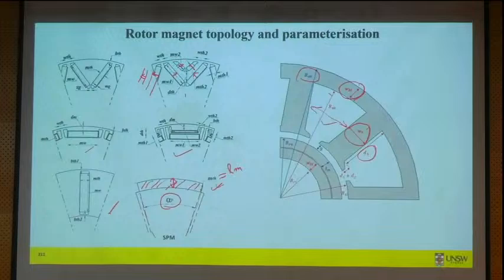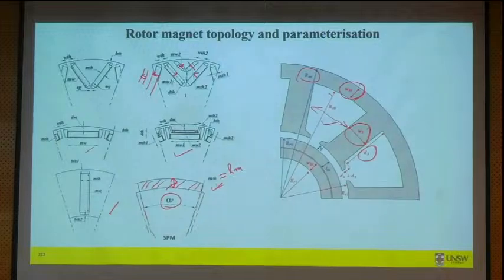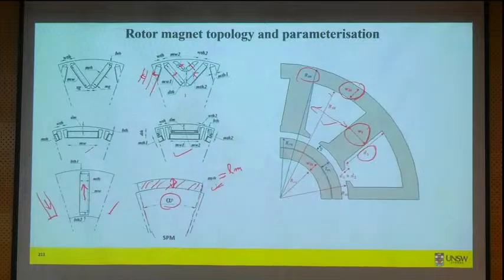So yeah, the magnetization direction also you have to define in your parameterization process. So spoke type magnetization direction is this, right? So the next one will be opposite, and so on. You cannot put 5. It has to be always an even number, right?